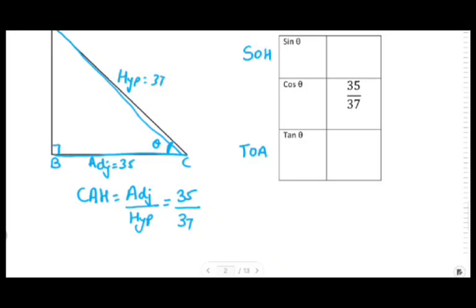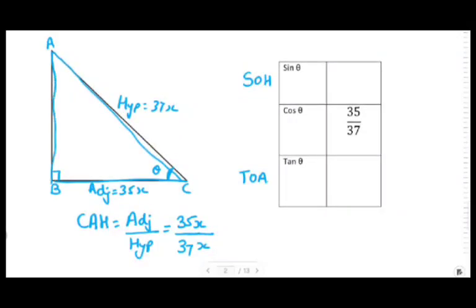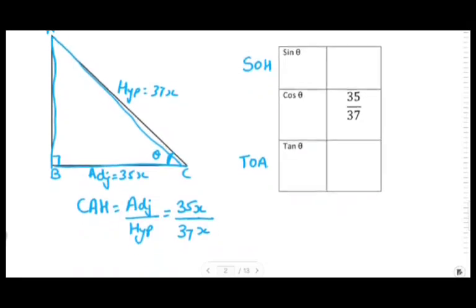So let the number be x. So my hypotenuse value is 37x and my adjacent value is 35x. So I have my adjacent, I have my hypotenuse, but what about my opposite to theta? I have to calculate that.